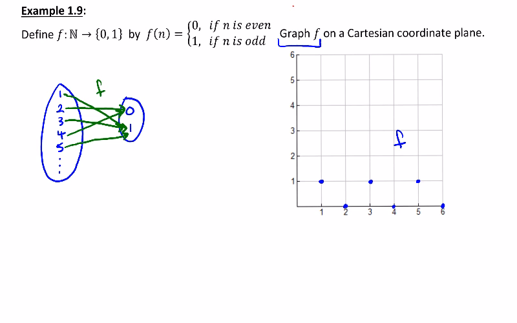In example 1.9, we're going to find that all of the odd values, 1, 3, and 5, all mapped to 1. So that would be a representation of many mapping to 1.